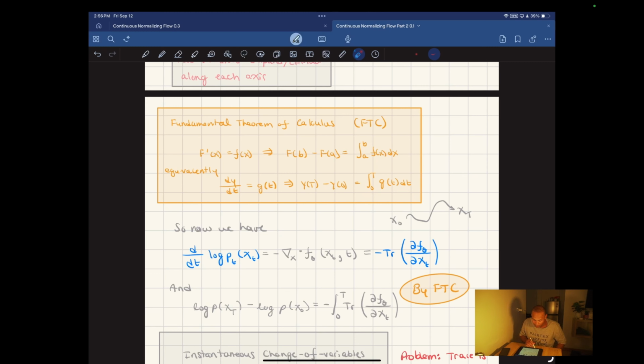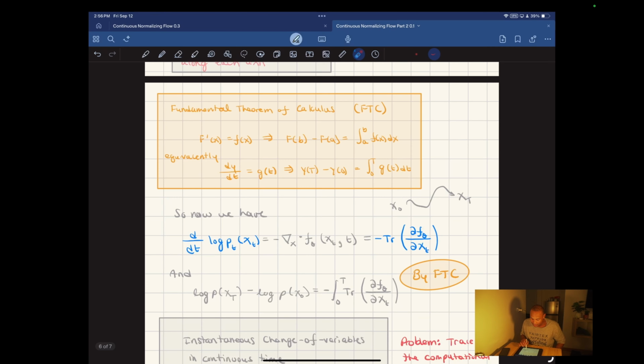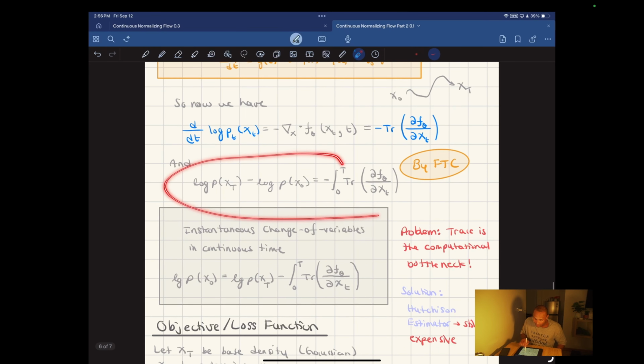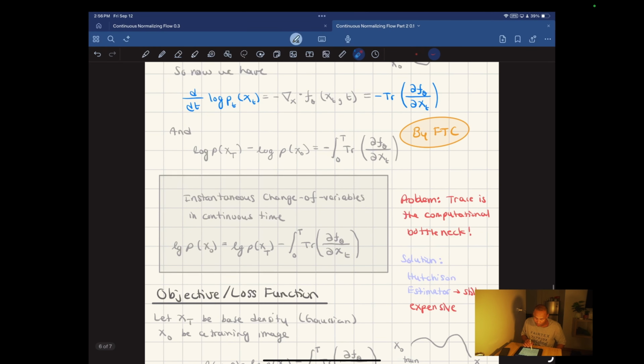The left side of the equation is the derivative of our log density with respect to time, and the right side is the negative trace of the Jacobian. So now we use the fundamental theorem of calculus to write this, and we can solve for the log density to get our instantaneous change of variables in continuous time.